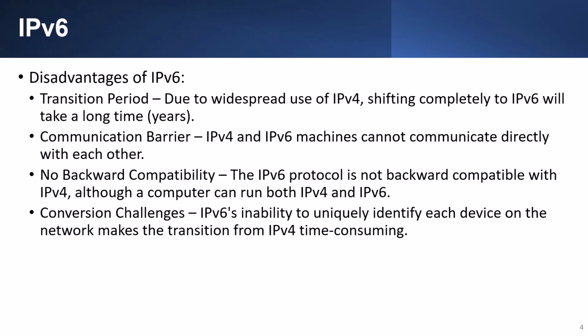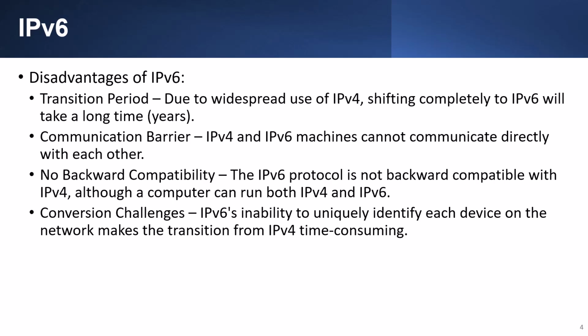The disadvantages of IPv6 include a transition period, which is due to widespread use of IPv4; shifting completely to IPv6 will take a long time, even years. There's a communication barrier between IPv4 and IPv6, where the machines cannot communicate directly with each other.